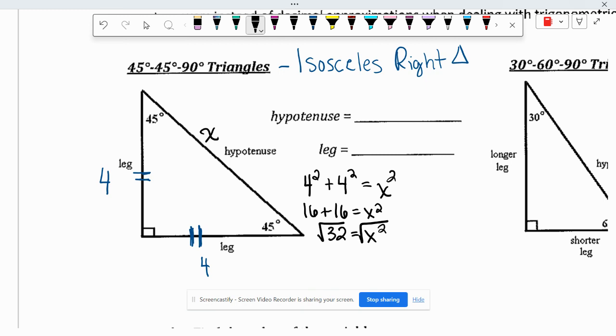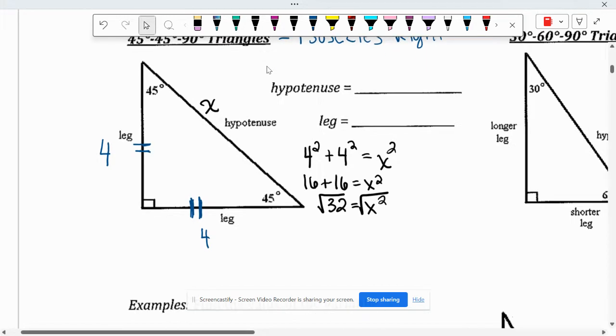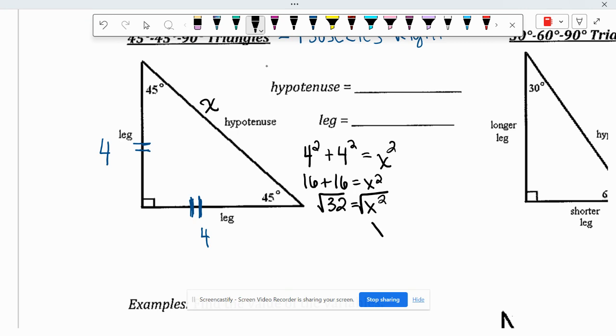So the square root of x squared is x. But I have to break up 32. I have to write the square root of 32 with a perfect square: 4 and 8. So square root of 4 times the square root of 8. What is the square root of 4? 2.